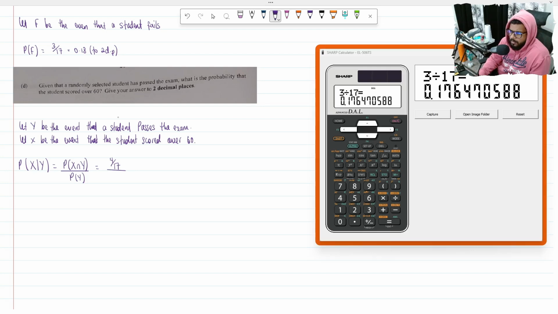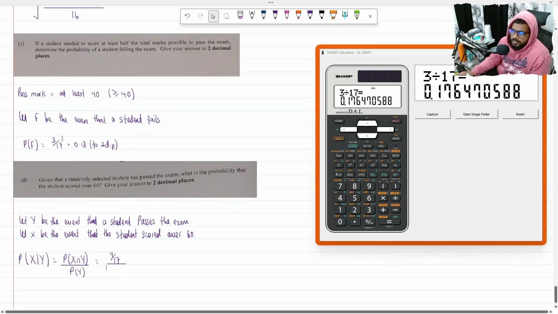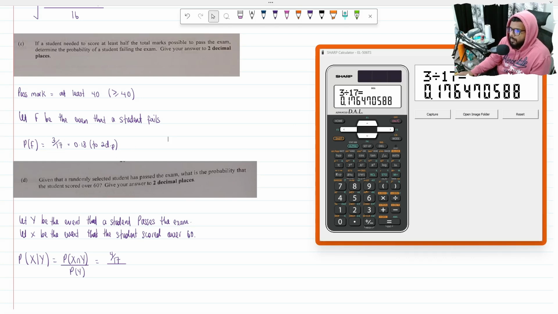divided by how many students would have passed the exam. So if this is the students that fail, the students that pass are going to be 1 take away 3 over 17, which is 14 over 17.